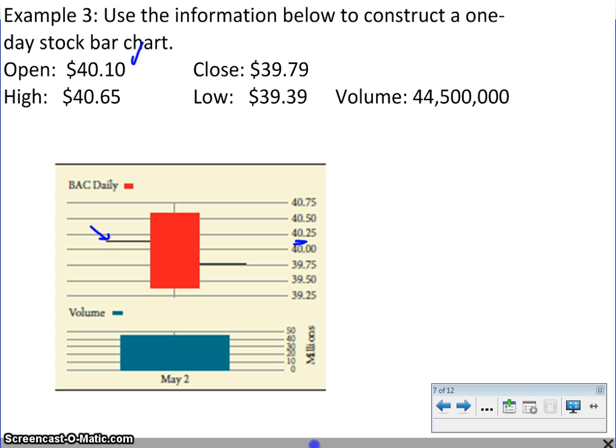The closing was at 39.79, and we can see it's right above the 39.75. The high was 40.65, and the low was 39.39. And the amount of shares traded right here, we're at 44,500,000. And so that's what it should look like when you've drawn a stock bar chart out.